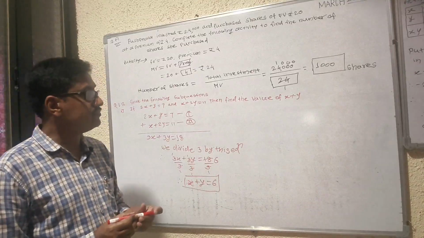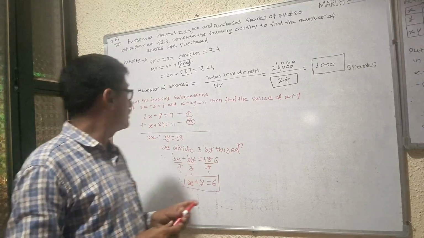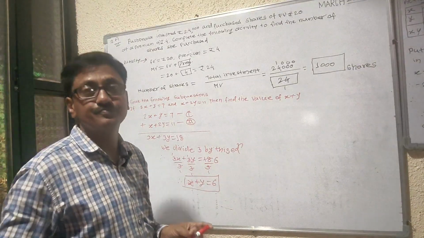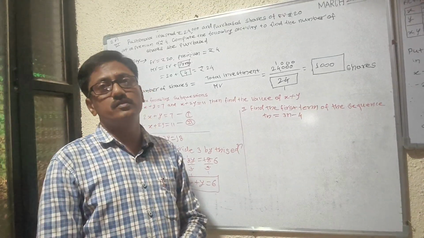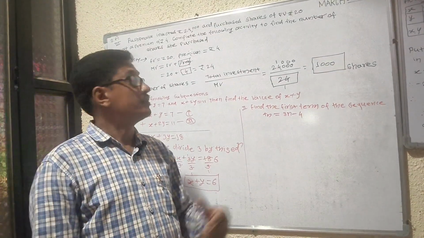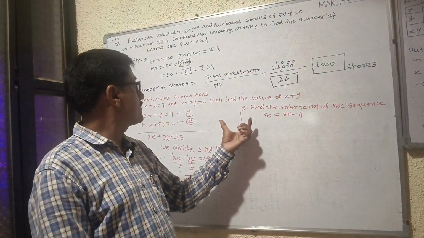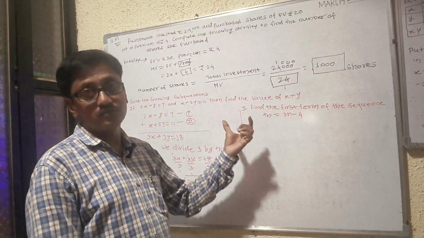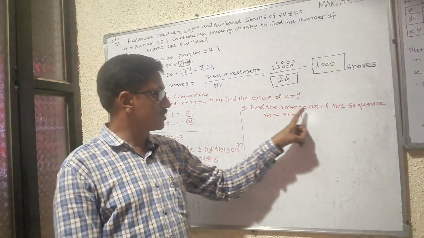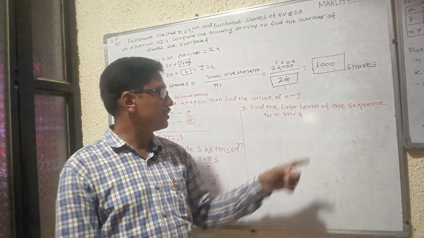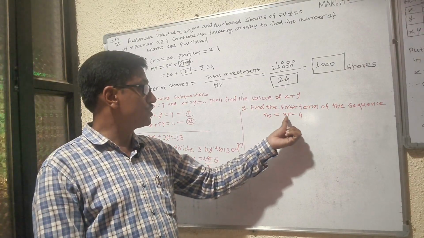Now we go to the second sub-question. Find the first term of the sequence. I read it: Tn is equal to 3n minus 4.